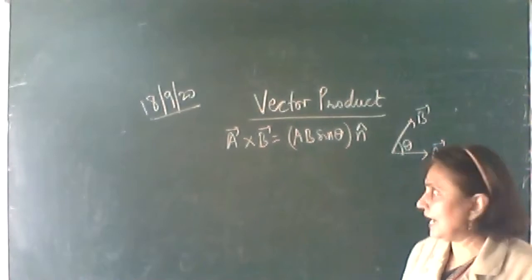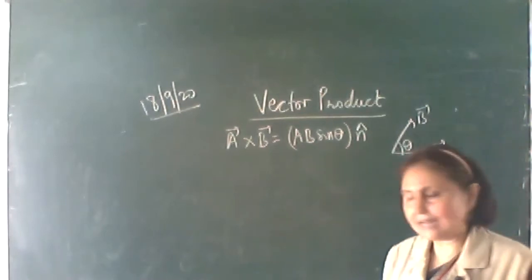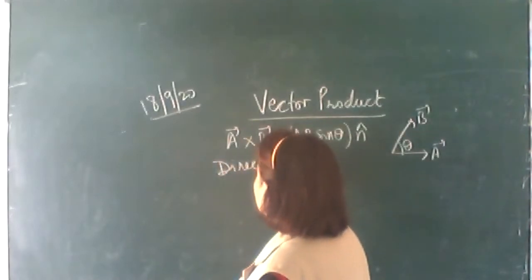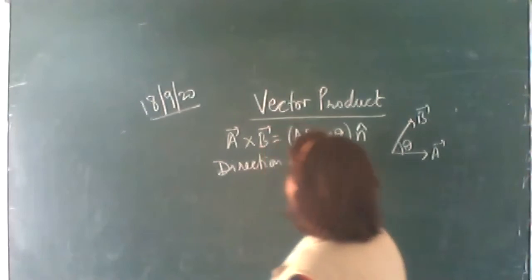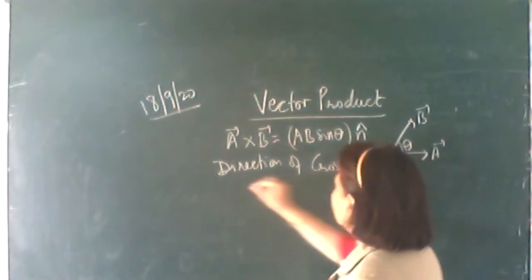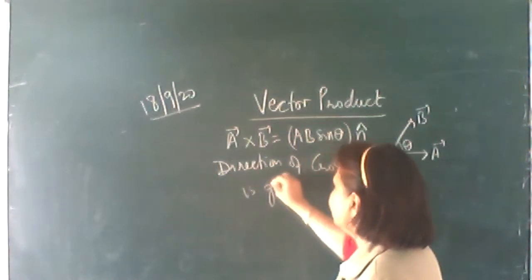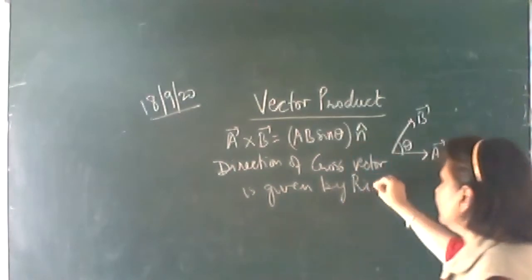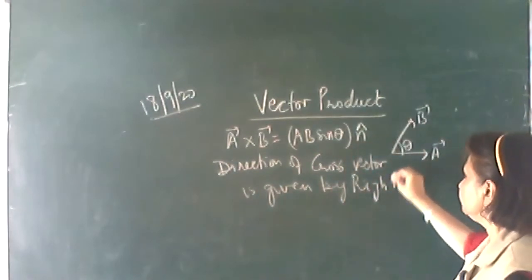Now direction of n cap, that is the direction of the cross product, which is n cap, is given by right hand thumb rule.